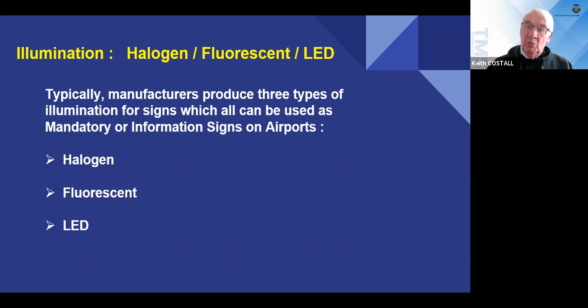So moving on, we've got to illuminate them. Now, we illuminate them in different ways. The modern way is an LED, but we have traditionally used fluorescent tubes and halogen lamps. When we're looking at a tungsten halogen lamp, its life expectancy is somewhere in the region of 1,500 to 3,000 hours at 6.6 amps from a traditional 6.6 amp circuit.